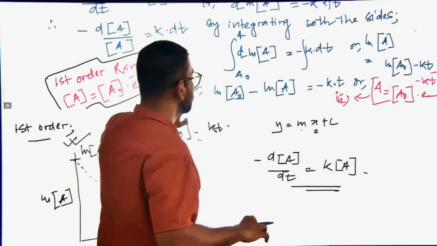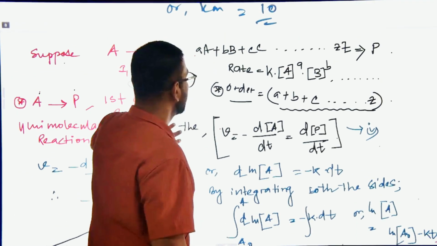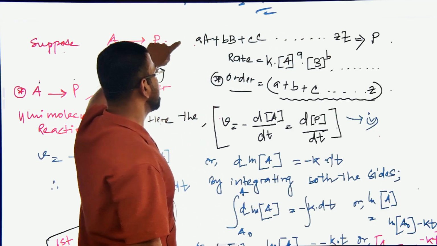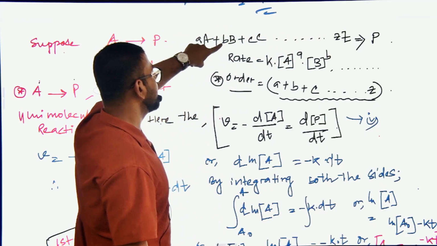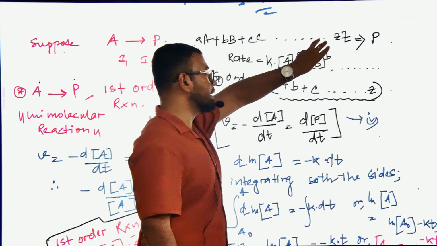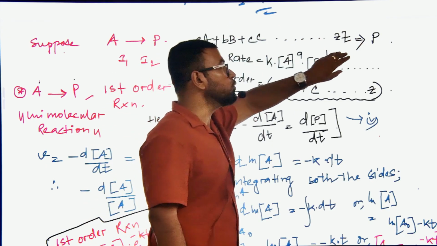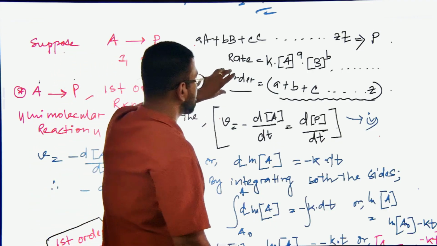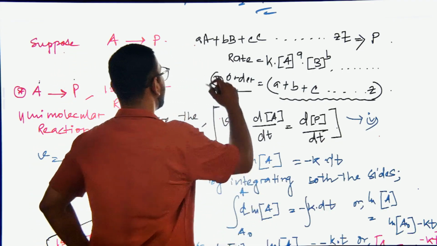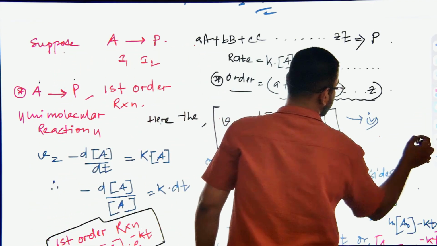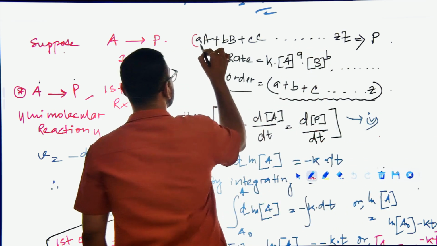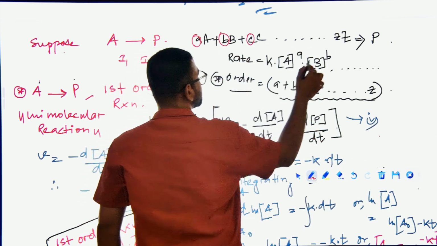Now suppose a certain kind of equation is provided where small a into A, capital B into B, something like this, and they are converting into product. So the order of the reaction, we need to take these factors only.